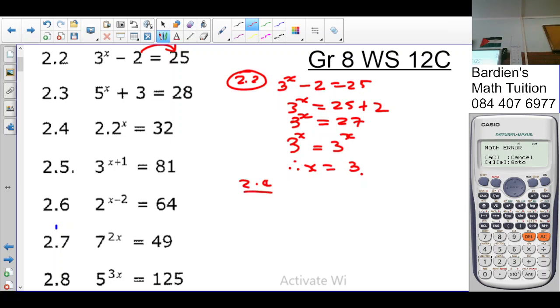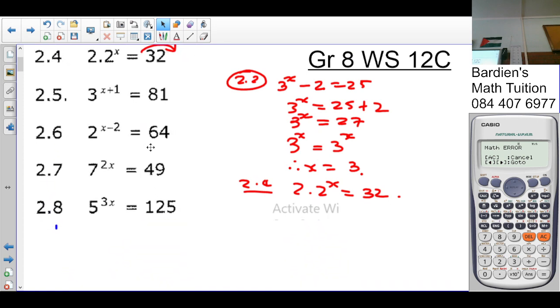2.4. 2 times 2 to the x equal to 32. Who would like to do this one? Let's say I did 4 to the x, and then equals to 2.